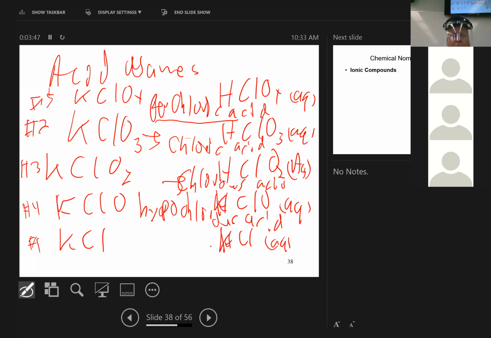And then here, this is hydrochloric acid, because it's a binary. Basically hydrochloric acid means it's in water solution. So it's got the hydrogen in there, but it's listed differently. And you'll get that also, okay? So does that logic make sense to everybody?